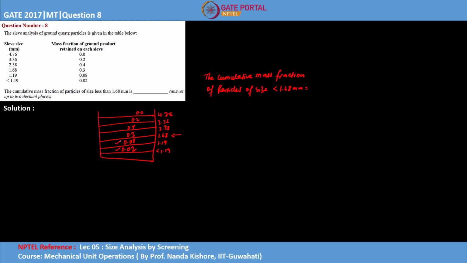Only these two sizes of particles pass through 1.68, and the remaining are above it. So we only have to calculate those lying below the 1.68 mm sieve size. The total will be 0.08 plus 0.02, which gives us 0.1 in mass fraction, right? 0.1 will be the answer.